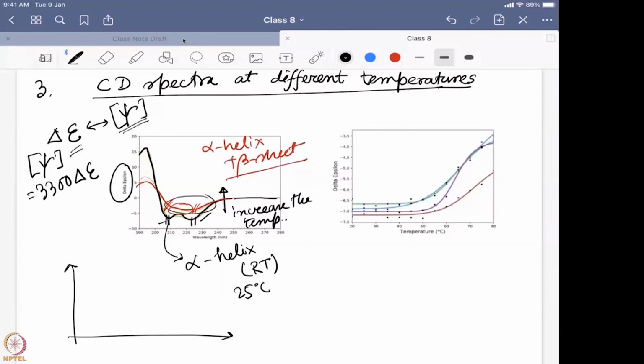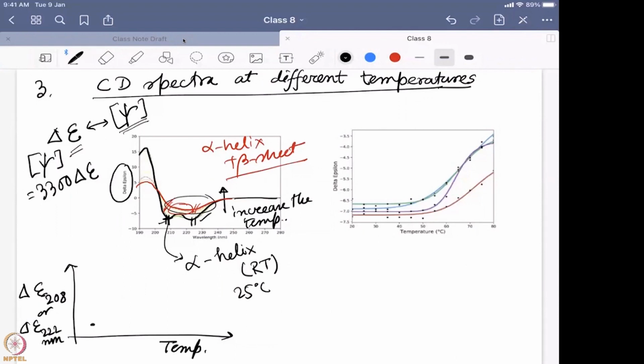So if I try to find out the change of the delta epsilon value at 208 nanometer or 222 nanometer, what am I going to get? You can see it starts from a very negative value because it is 100% alpha helix. So you start from somewhere over here, and then I measure at different temperatures.